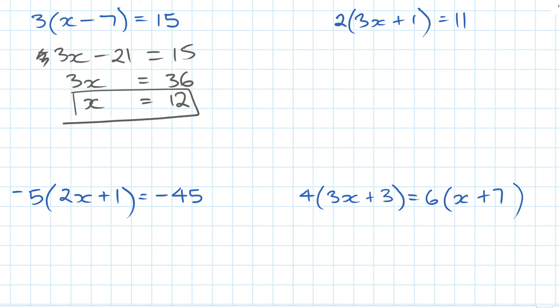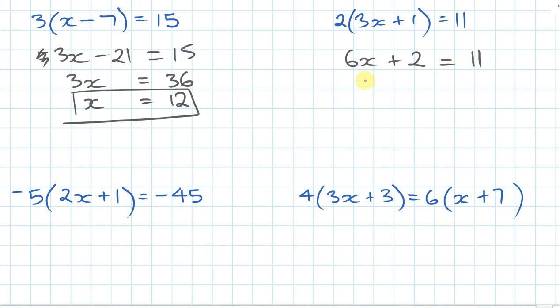Second example, again, we've got some brackets here, so we're going to expand the left-hand side. So 2 times 3x gives me 6x, plus 2 times 1 is 2, and that is equal to 11.